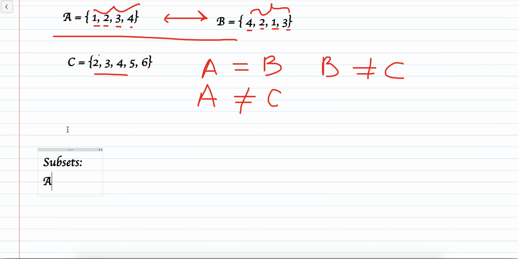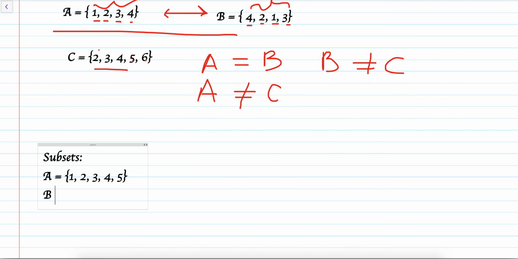So let's say we have A, which is 1, 2, 3, 4 and 5, and we have a set B which has 2, 4 and 3.